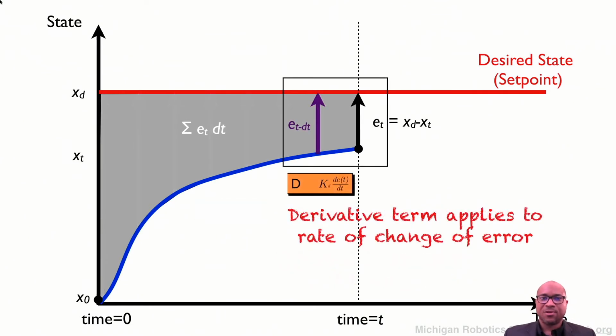And so, thinking about how to minimize or combat that divergence, we have the derivative term, which is really looking at the rate of change of the error. The purpose of that rate of change of error is to release energy from the system.